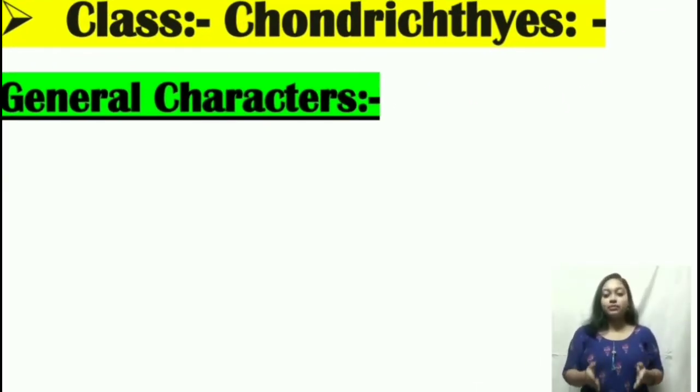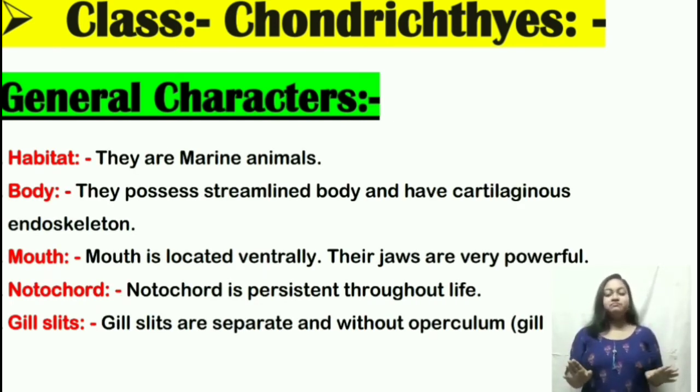Then we come to the class Chondrichthyes, which is under the Gnathostomata superclass. The first point of Chondrichthyes is habitat. They are exclusively marine. Then their body is streamlined, with a cartilaginous endoskeleton.